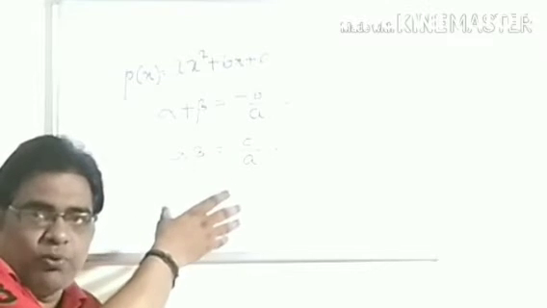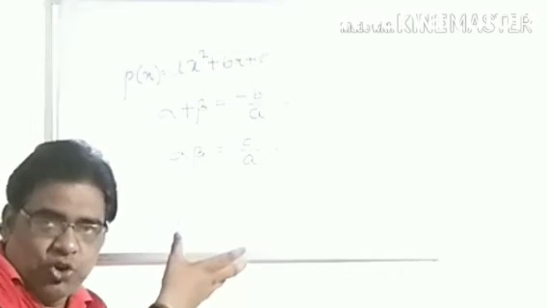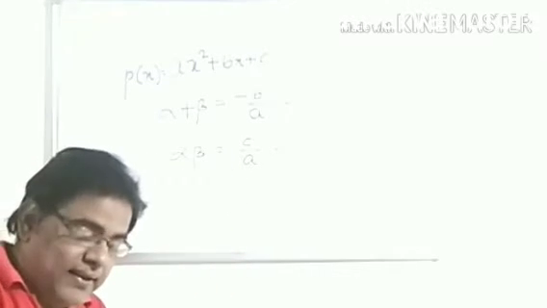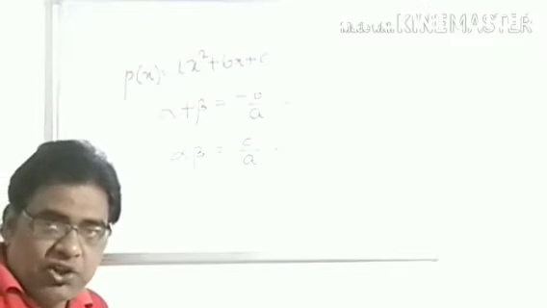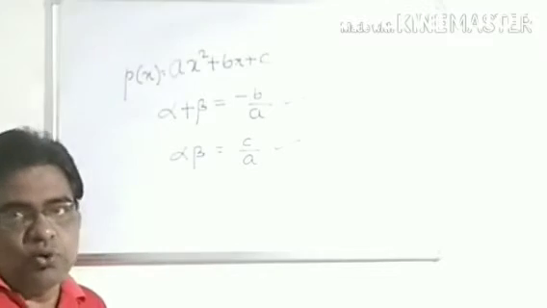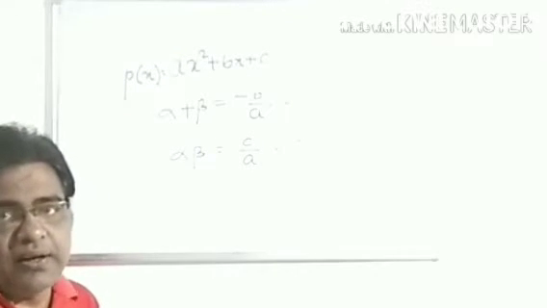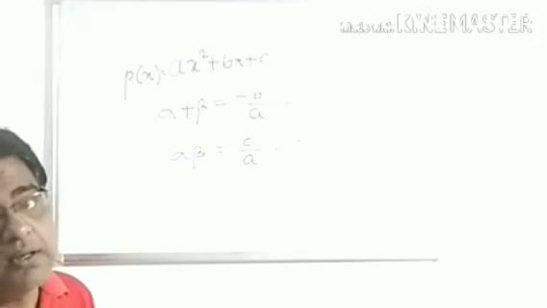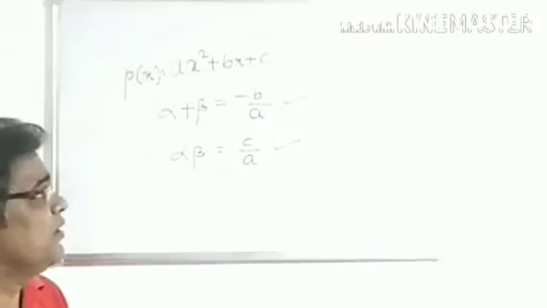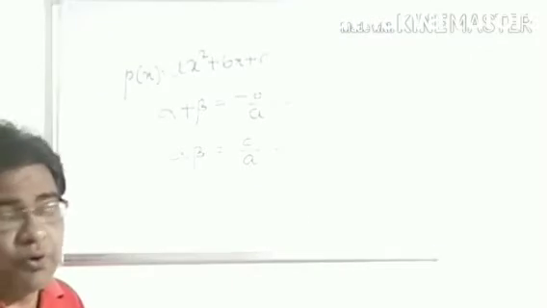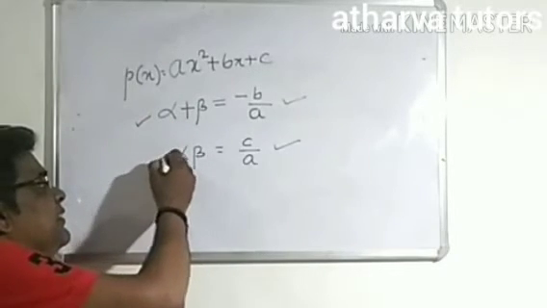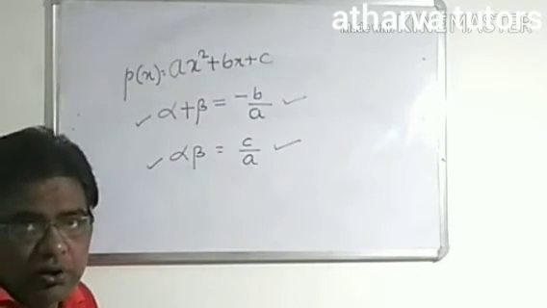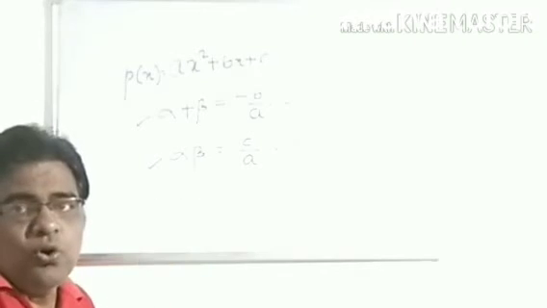I had a quadratic polynomial and I found its zeros. Then they are asking to verify the relationship between the zeros and the coefficients. That means after finding the zeros of the polynomial, you have to verify that these two relations hold for the given polynomial.